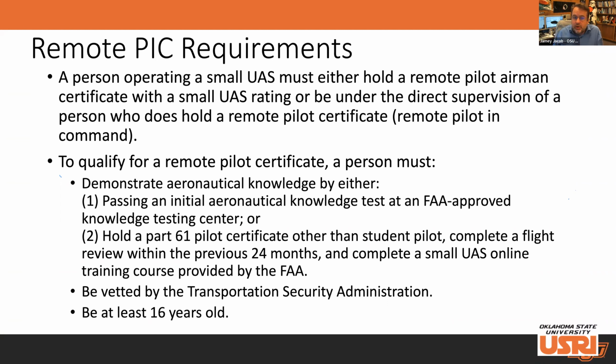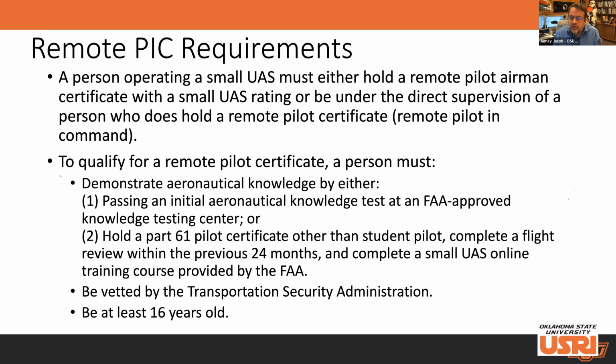So, for example, if you want to fly an aircraft for a project, but you don't have a Part 107 pilot, then you can find a Part 107 pilot, for example, from USRI, to be able to perform that PIC role for you. You do have to pass the test, and there's certain qualifications for that.